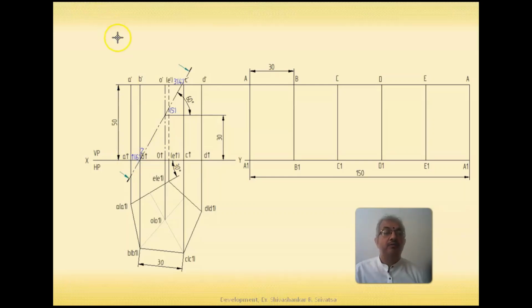Considering that we take out the top portion, we retain the lower portion. This is the way section plane is represented. The direction of arrows shown over here indicate which portion of the prism is retained. So I'm going to darken now all the edges of the prism that remains in the lower portion of the section.